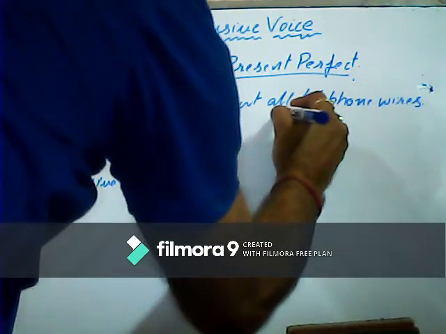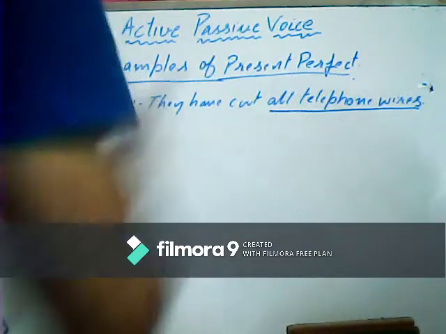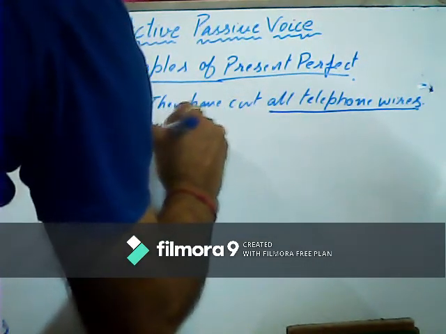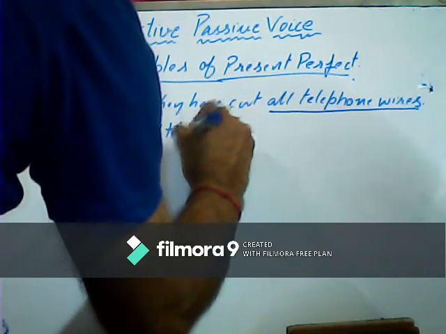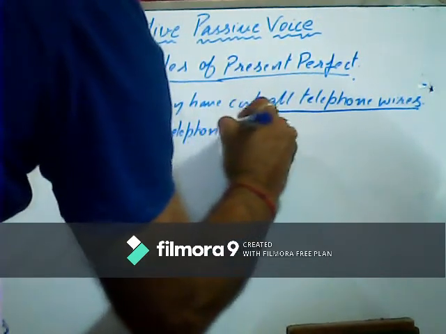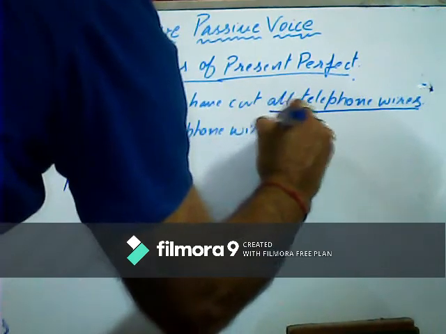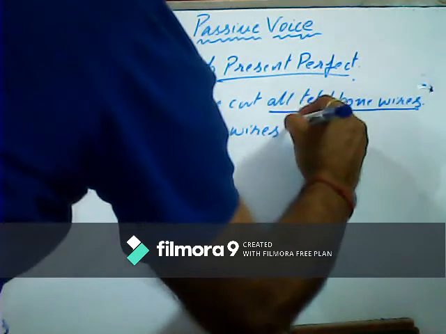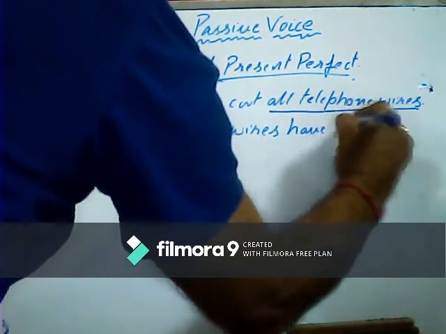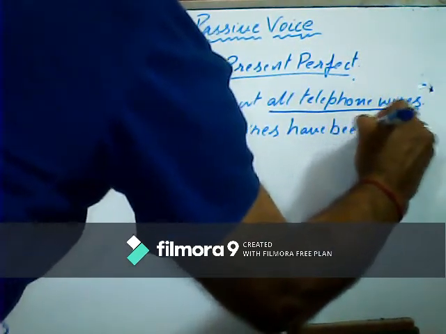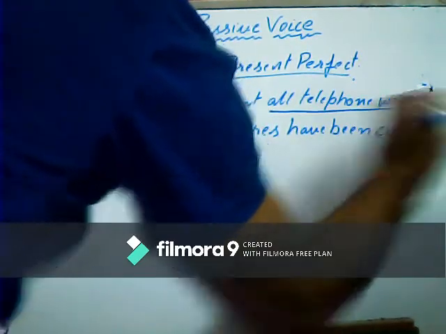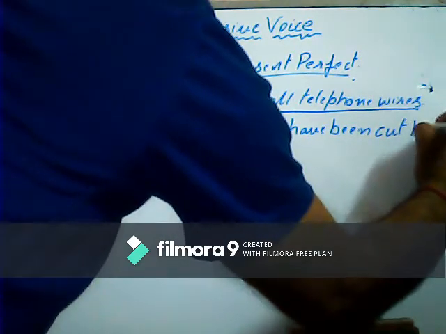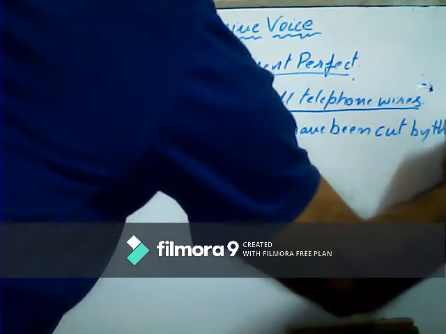Now all telephone wires is the object here. Because all telephone wires is the plural form, so we'll use have been, third form of the verb cut will be cut, same, by them, they will change into them.